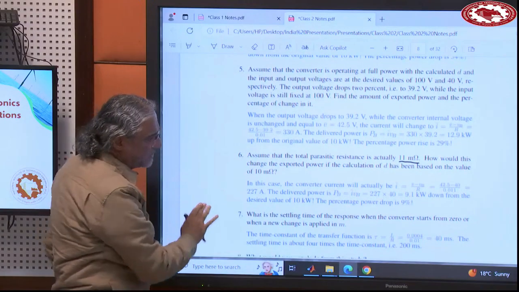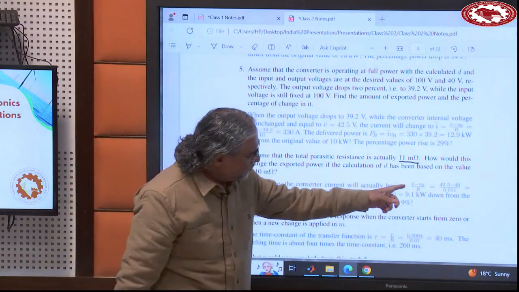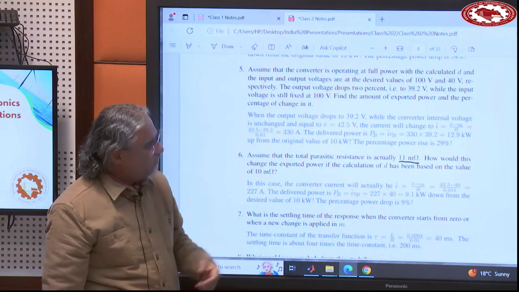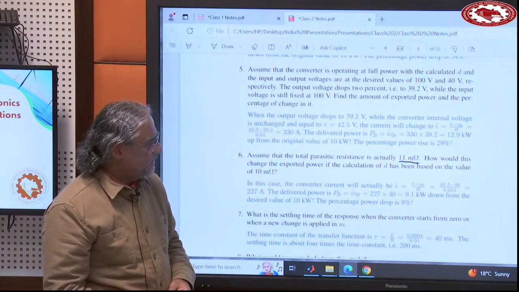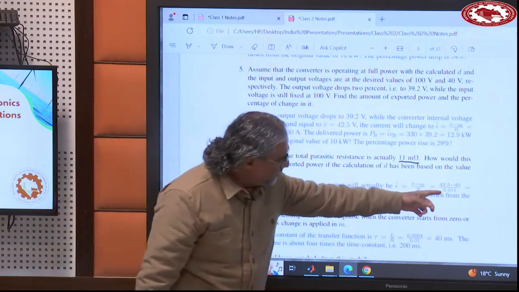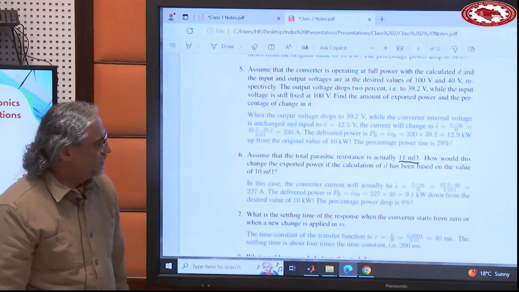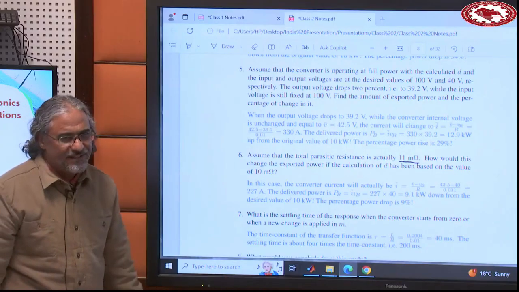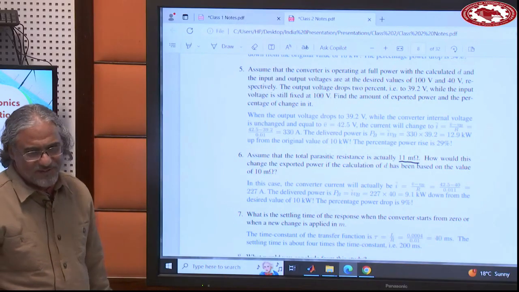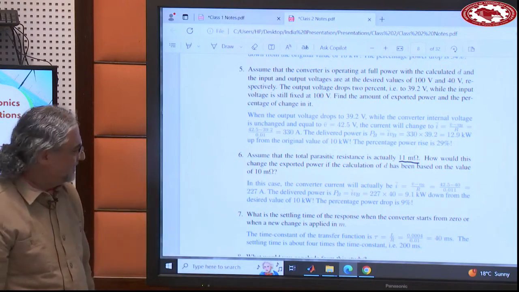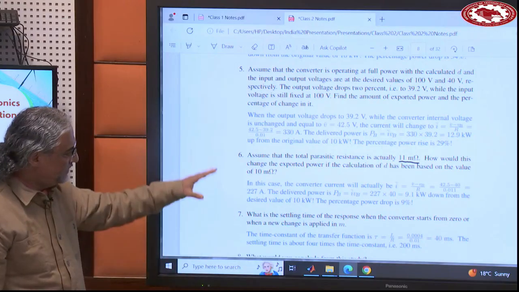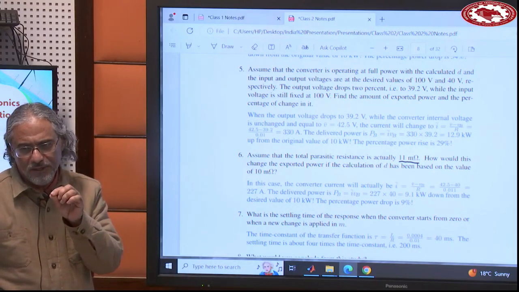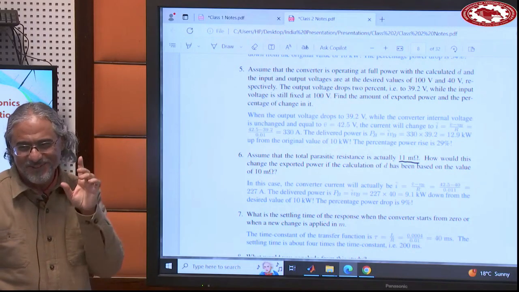So if you do the calculation now, you have 42.5 on the diode side, 40 on the B side, divided by 0.011, 11 milliohm. That will be 227. Better than the previous case, but still large. So from 250, it dropped to 227, because your resistor is only 1 milliohm different from what you assumed.